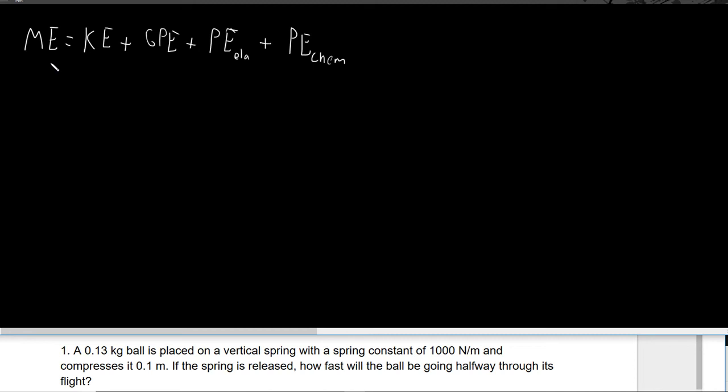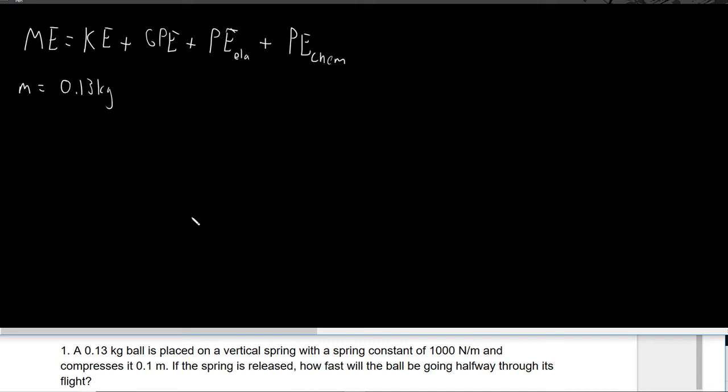So in this case, let's look at the practice problem I have down there at the bottom. I'm going to do this the laid out way, not the standard way, but I'm just going to be organized about this. All right, so 0.13 kilogram ball. Right away, they're giving me a mass of 0.13 kilograms.